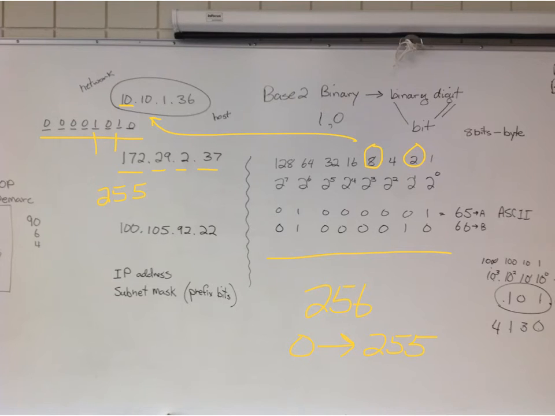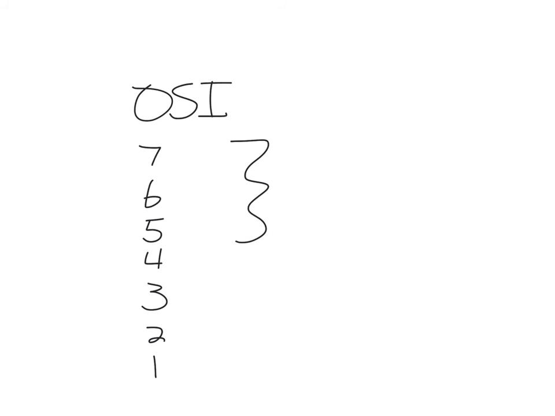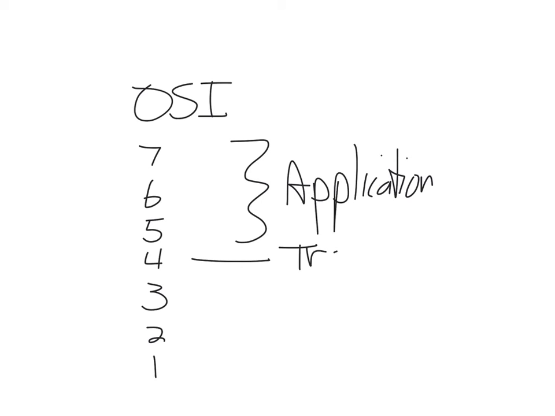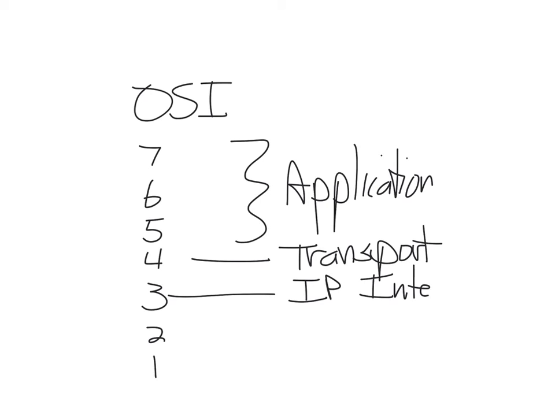Okay, so to finish up, we will continue to work on the OSI model and how this converts into the TCP/IP model: the application layer, transport, how we send the data, how we address it logically, IP addressing, here they call it the internet, and these two layers together, network access.